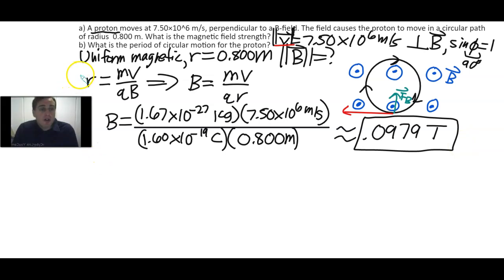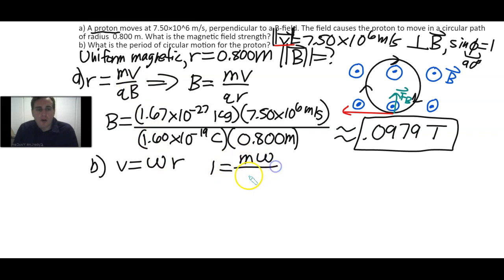Now that we have part A, how do we solve for the period of the circular motion of the proton? If you don't have the equation memorized, we know that v is equal to omega times r, angular velocity times radius. If we put that in, notice that a radius will cancel from both sides. So we have 1 equals m omega over qB, so omega is equal to qB over m.